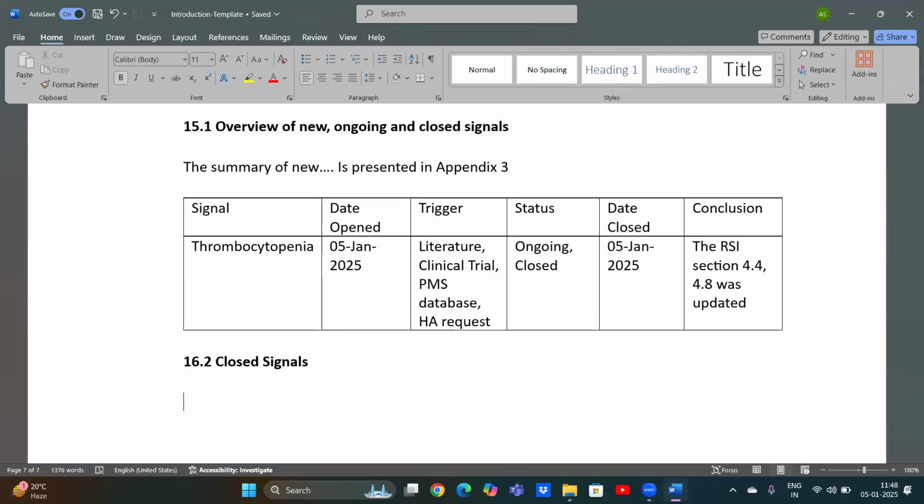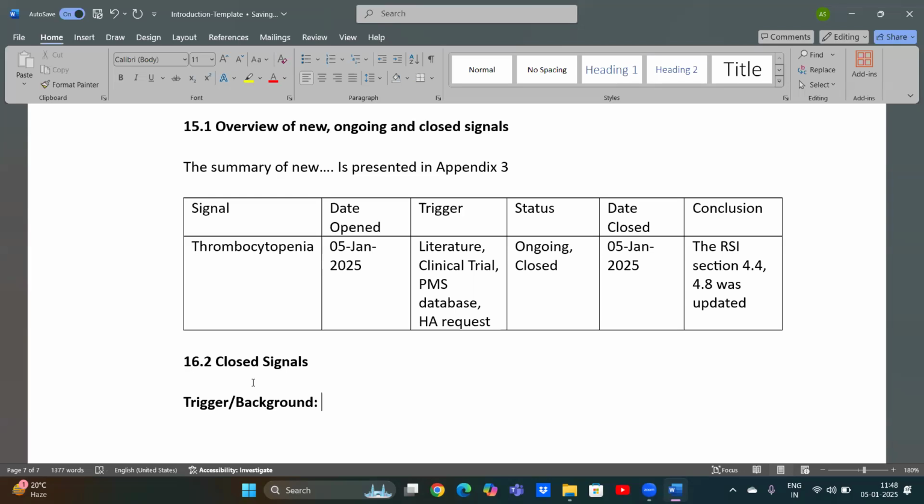So what will happen here? You will write trigger/background, anything you can put here. Here you have given literature or clinical trial or PMS, so here you will write what that literature was.